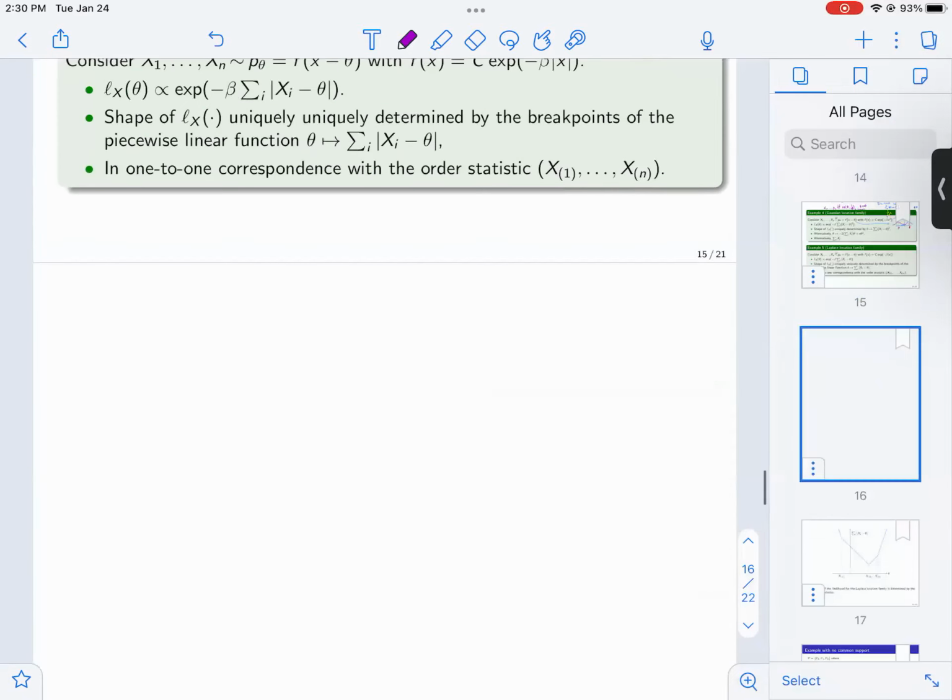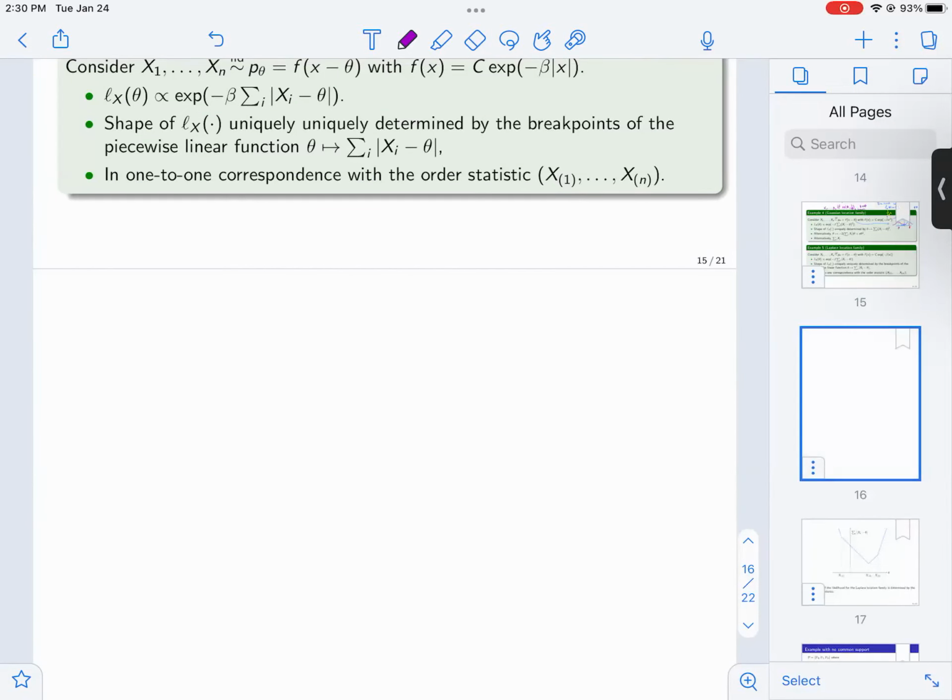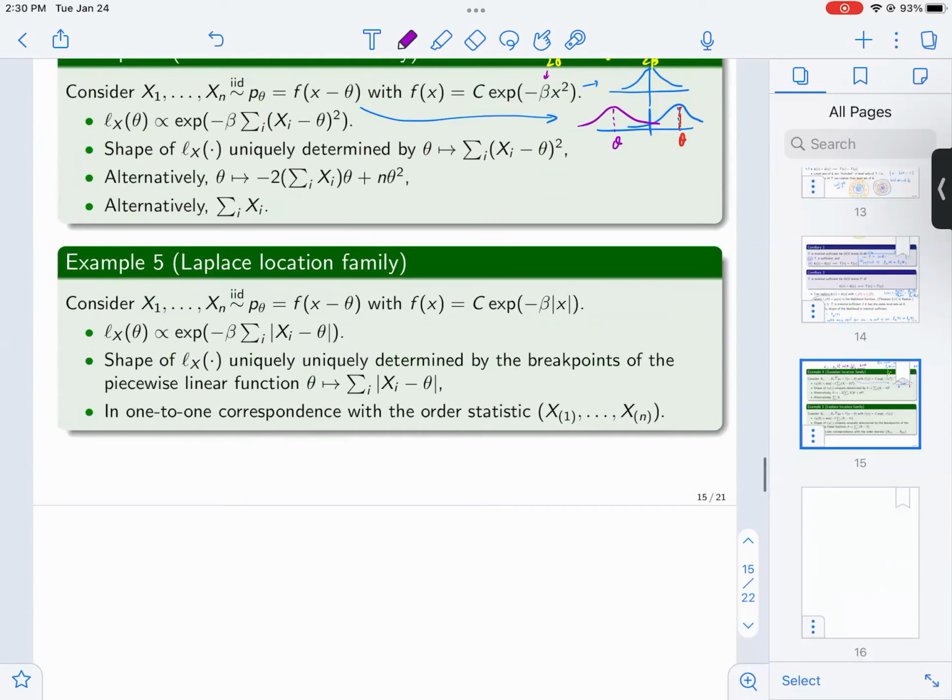So what we were saying is p theta of x is just proportional to e to the f of basically x minus theta. It's actually equal to this, but this is proportional to x minus beta.